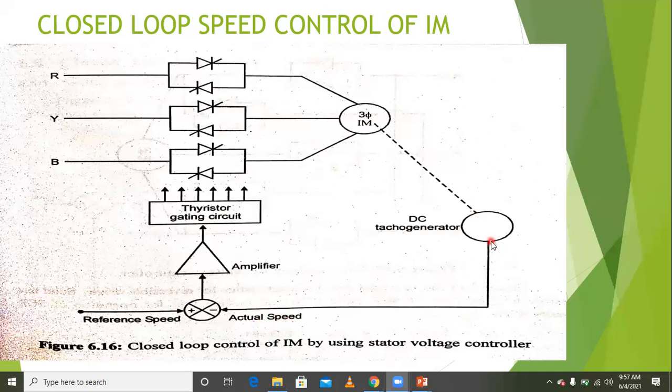The DC tacho generator output is nothing but the actual voltage, proportional to the actual speed. This is called actual voltage or actual speed, and it is compared with the reference speed or reference voltage.